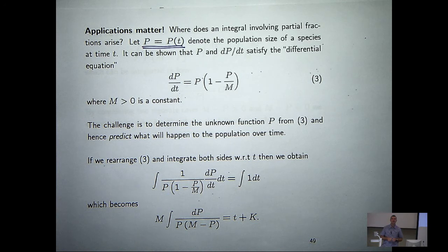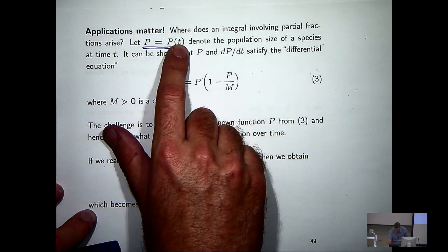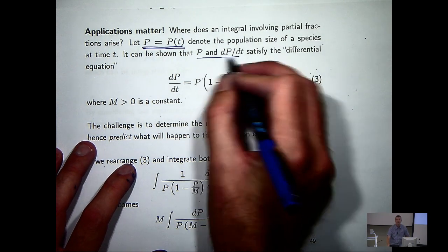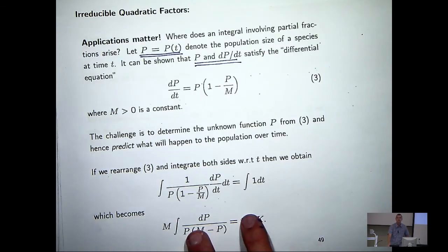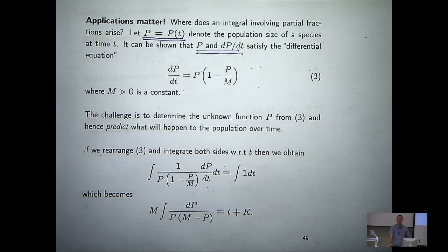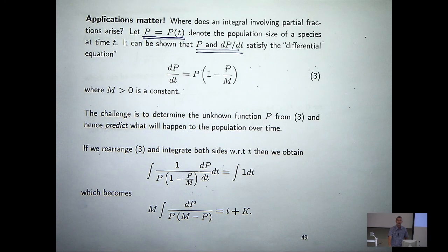Now, if P is a population of some species at time t, then it can be shown that the function and its derivative are related by this equation 3 called a differential equation. M is just a constant.